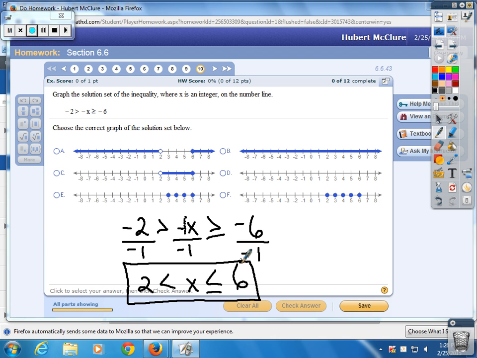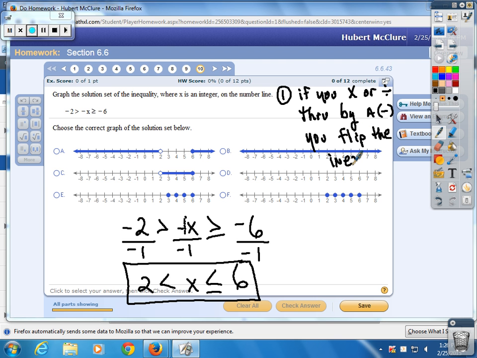This is a good problem that I picked, because there are two things I can show you. One rule I'm trying to show you: if you multiply or divide through, all the way through, by a negative, you flip the inequalities.